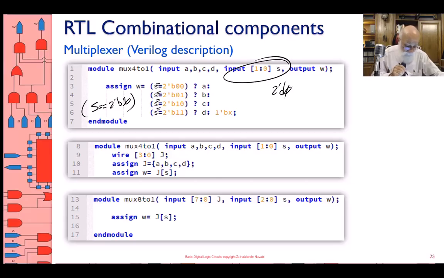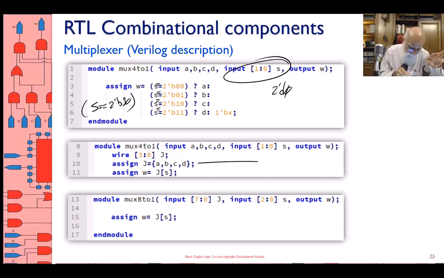Another way of doing the description is this one. This is an interesting one. I'm using curly bracket. Curly bracket means cascading. I'm cascading A, B, C, and D together. That forms a 4-bit vector.